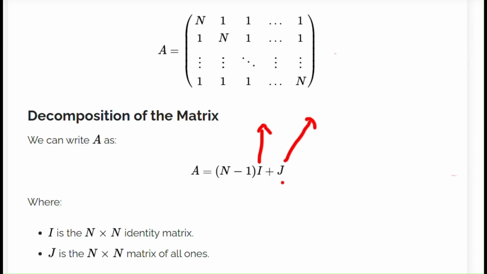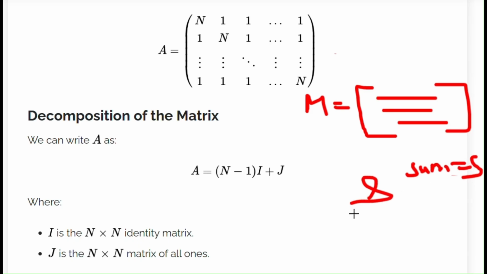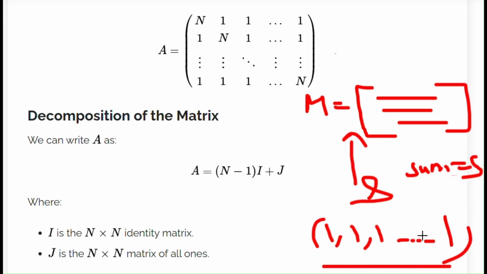A common fundamental rule, which you'll often find useful, is that if you have a matrix M whose rows all sum to a value S, then S is an eigenvalue of this matrix, and 1, 1, 1, ..., 1 (n times) is an eigenvector of this matrix.